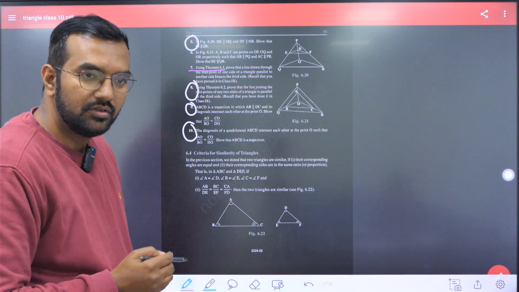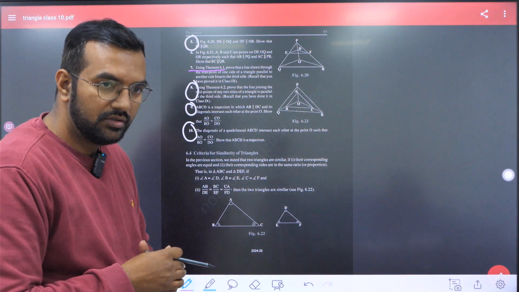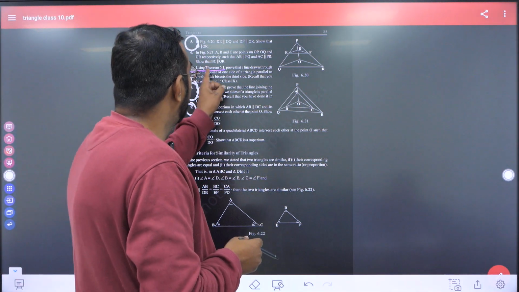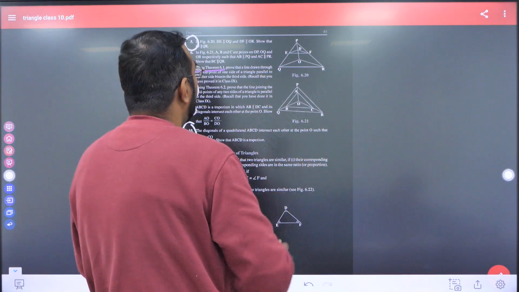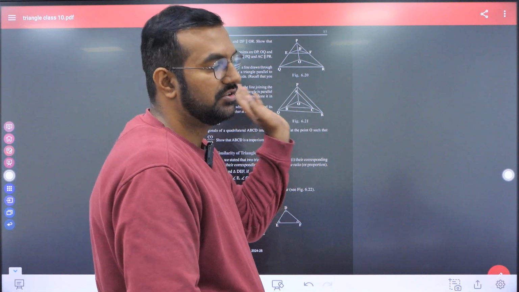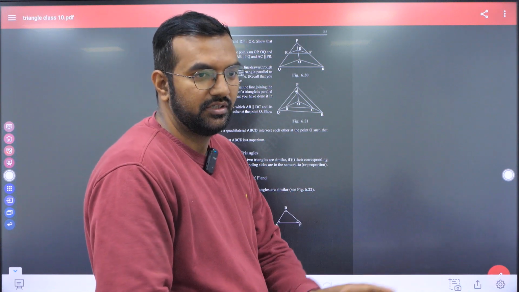If one side is connected to the other side, it divides in the same ratio. Here it is written, using theorem 6.1, so first we have to remember what theorem 6.1 is. Theorem 6.1 is the Thales theorem or BPT.